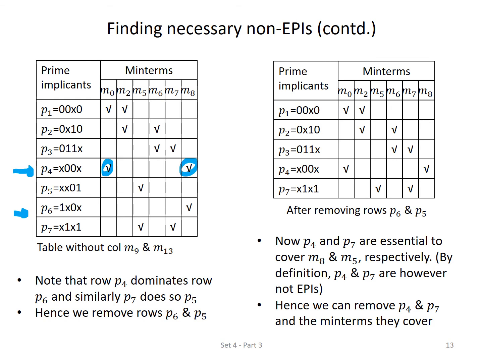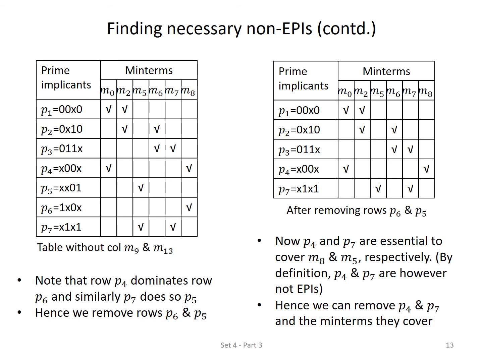On the other hand, P6 covers only one of them. Similarly, if you look at rows 5 and 7, you see that P7 covers 2 min terms and P5 covers only one of them. That means P7 dominates P5. Now, removing the dominated rows, we obtain a smaller table which is shown at the right.